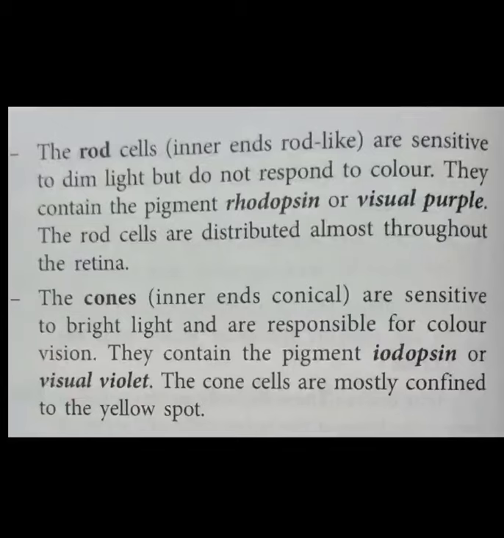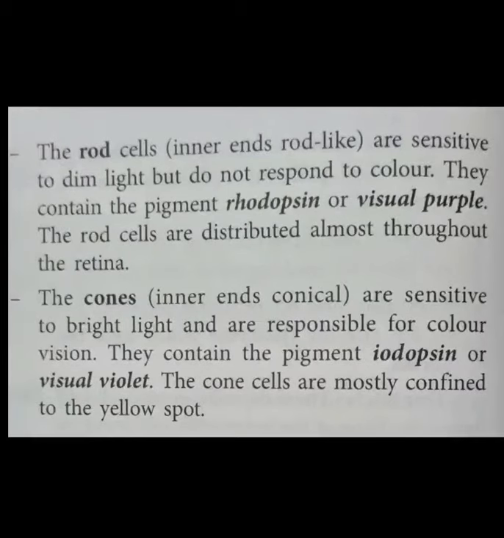That's why at night we are not able to see the exact color of things, as at night only rod cells are working. Cones are sensitive to bright light and they are responsible for our color vision.